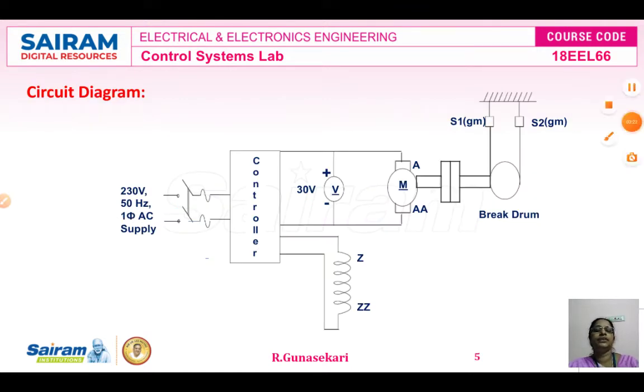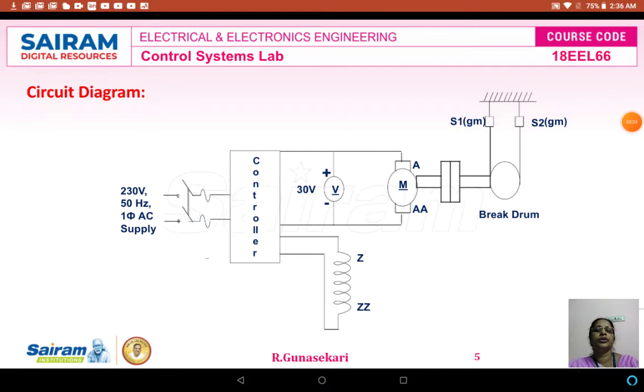Now you see the circuit diagram. This is the controller. This is the winding. This is the brake drum. The DC motor is coupled with the brake drum. The mechanical load S1 and S2 is represented in grams.